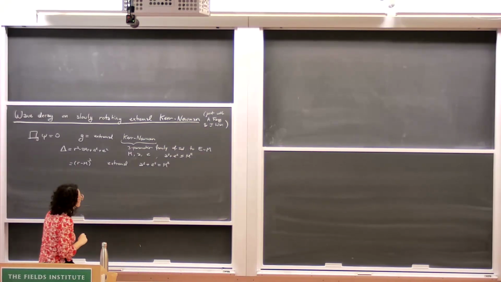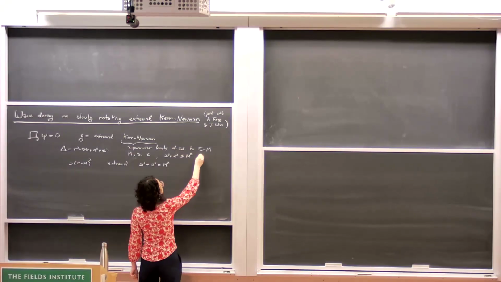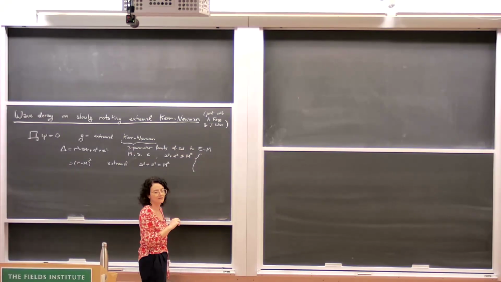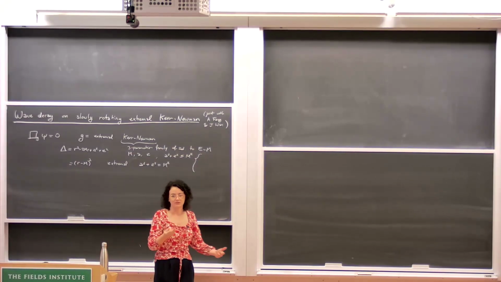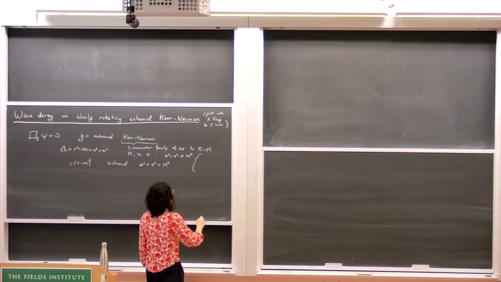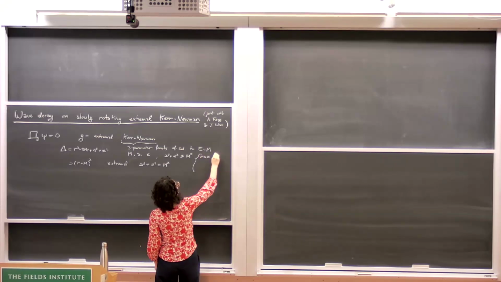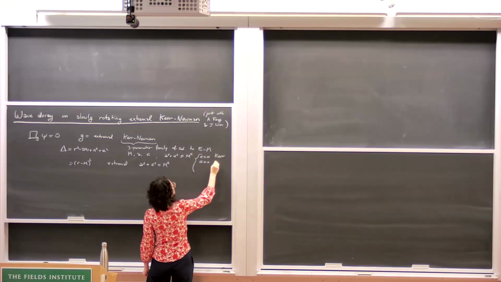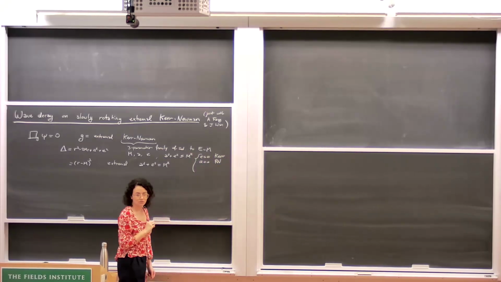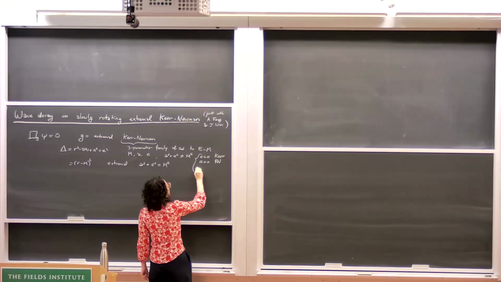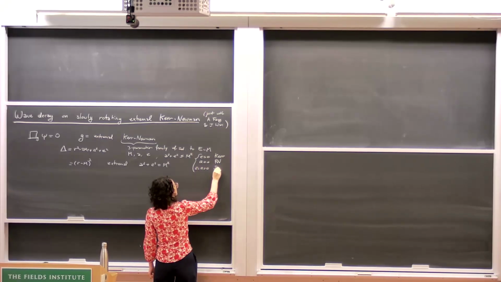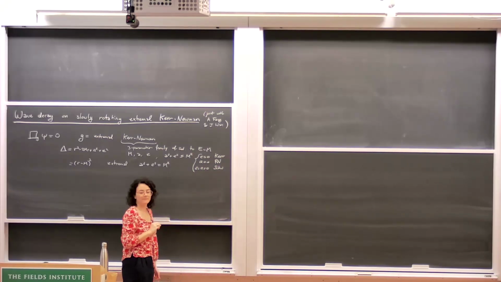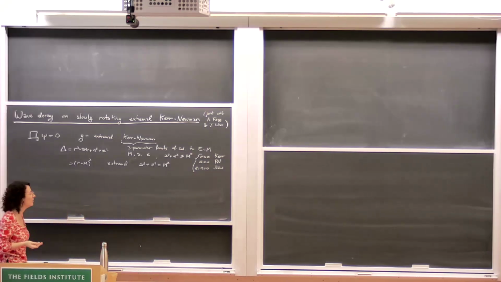In fact, let me already mention here that this 3-parameter family contains all the subcases that we are familiar with. If E is equal to 0, you recover Kerr. If A is equal to 0, you recover Reissner-Nordström. If both are 0, you recover Schwarzschild. So this contains them all.